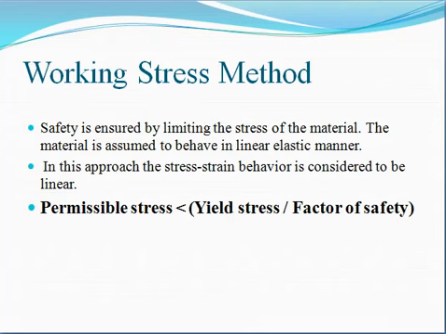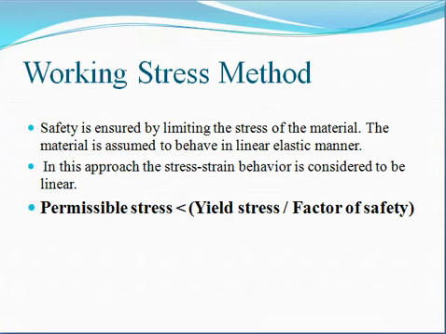Here in the working stress method, safety is ensured by limiting the stress of the material, and the material is assumed to behave in a linear elastic manner. In this approach, the stress-strain behavior is considered to be linear.